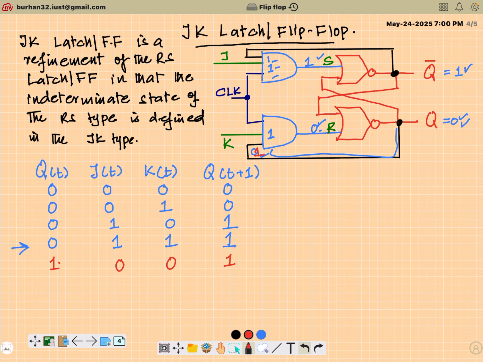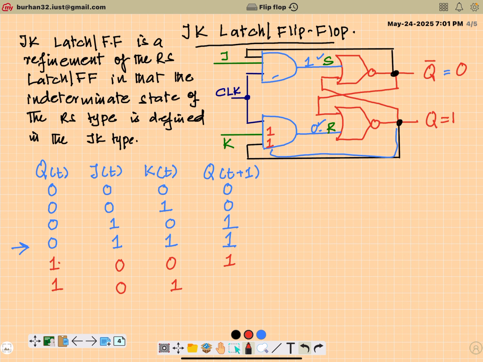Similarly, if Q is 1, J is equal to 0, K is equal to 1. Now let's work out this combination. As per this, my current state is 1. This is 0. This will be fed back here, so this is 1.